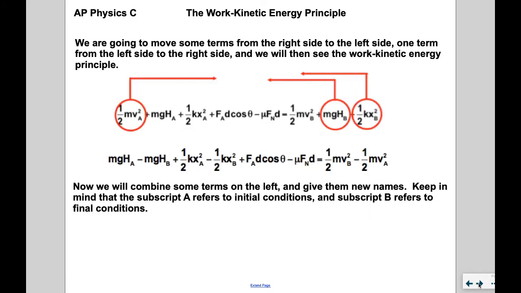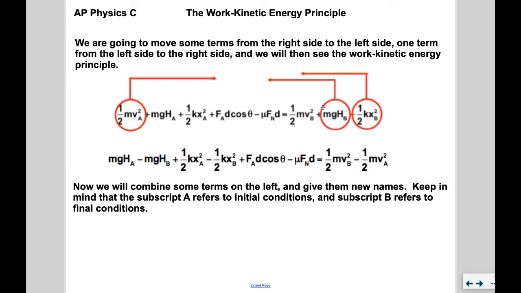What we're going to do is move some terms around and use this to generate the work and kinetic energy principle. So we're going to take this initial kinetic energy term, subtract it from both sides and effectively move it to the right.